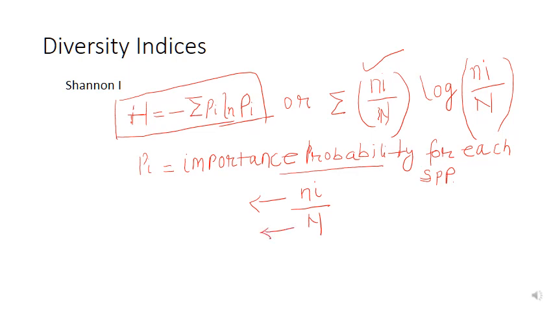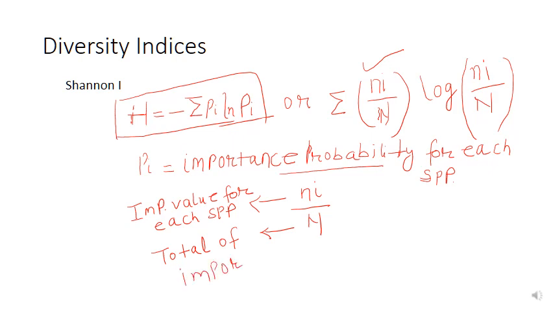Ni is importance value for each species, and capital N represents total of importance values.